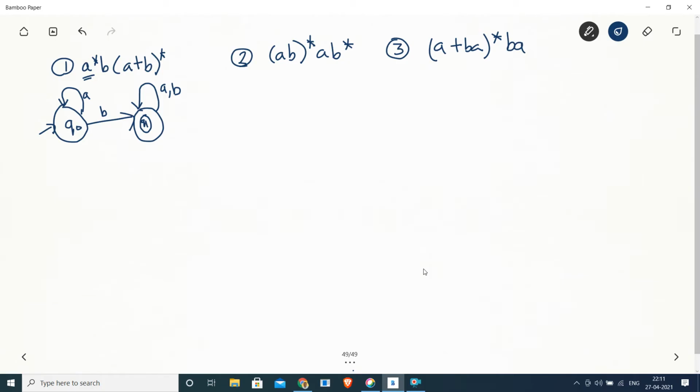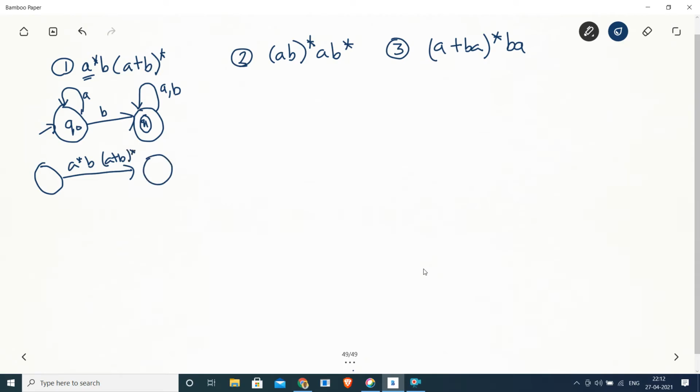So this can be solved directly. We can get the answer. In GATE, this thing becomes very important, that how fast we are able to solve. In case of your examinations, if we are doing a BTech examination, then we do it in certain steps. For example, we make a state, then we write down the whole expression over here, that it is a star b, then (a plus b) star, and this is another state.